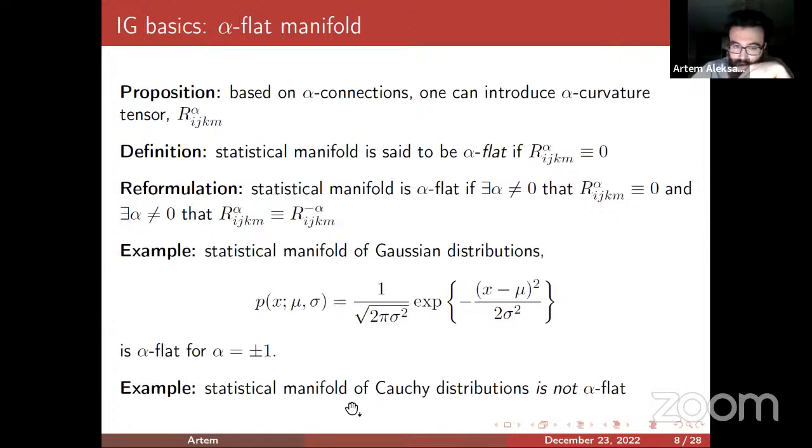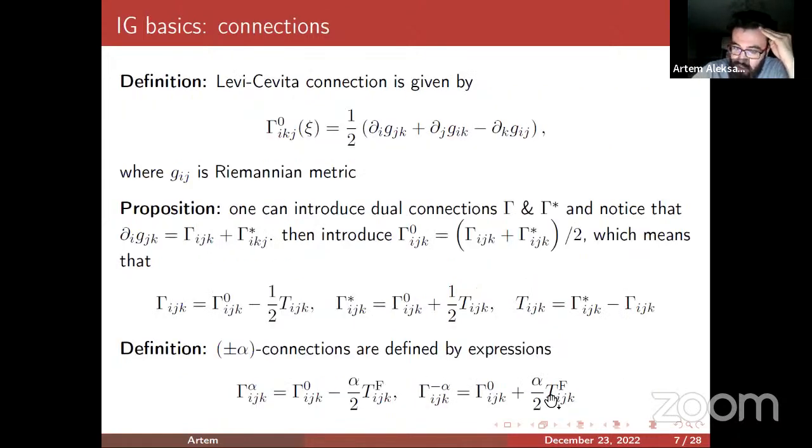Let me comment on this slide. For me, it is quite important. If I compute the three-index tensor T for the Cauchy distribution, I can see that this object T is identically 0.